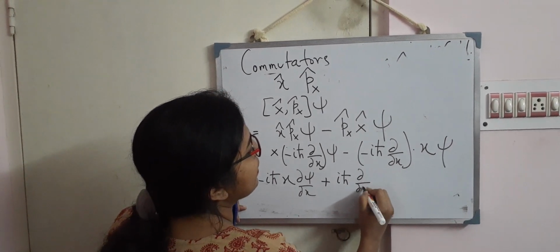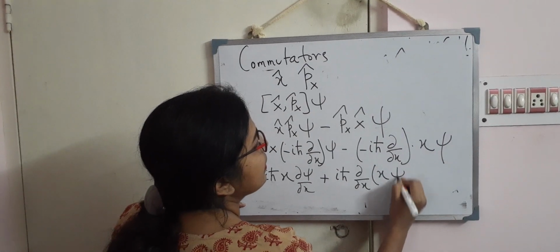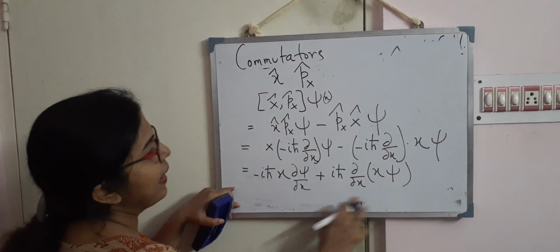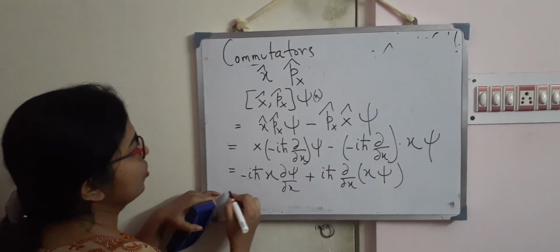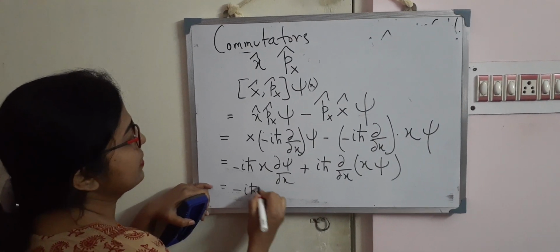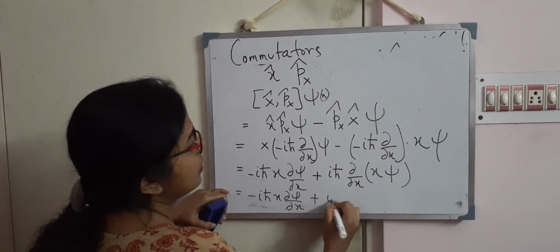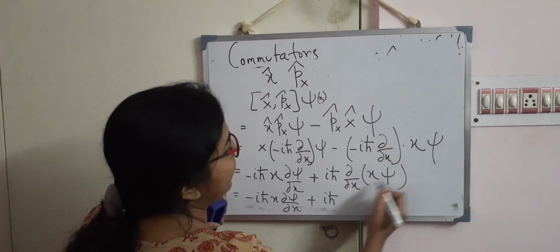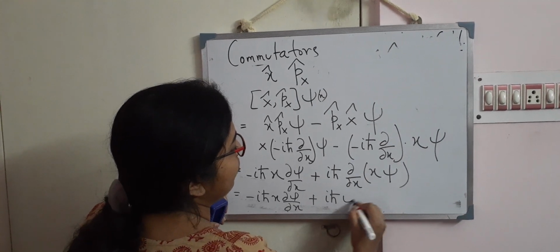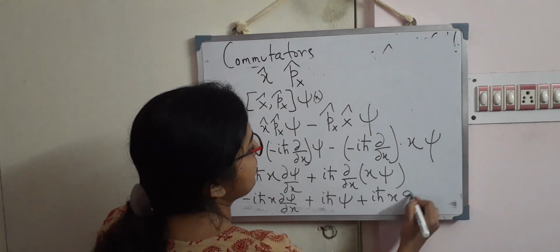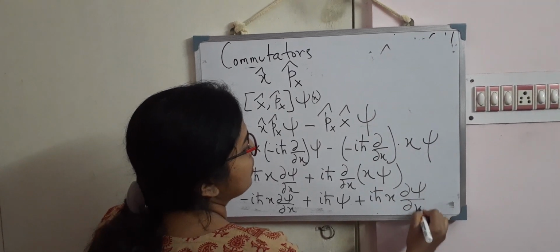Now here del x operates on x and psi. So mind it, here psi is also a function of x. So then what I get: minus i h cut x del psi del x plus i h cut del x operating on x psi will give i h cut psi plus i h cut x del psi del x.